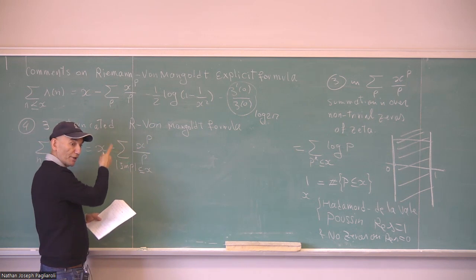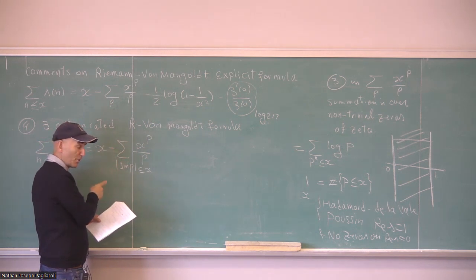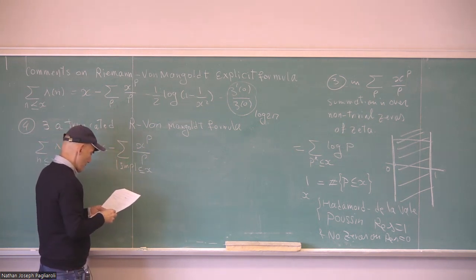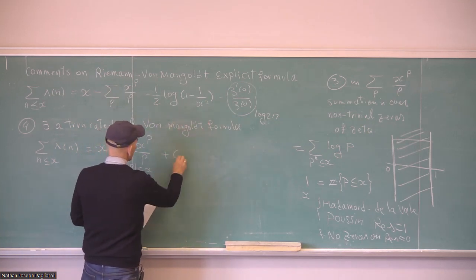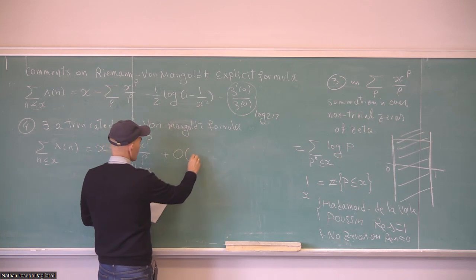The summation is over only a finite number of zeros now. Plus those other terms, which you can just estimate to be O of log squared of x.